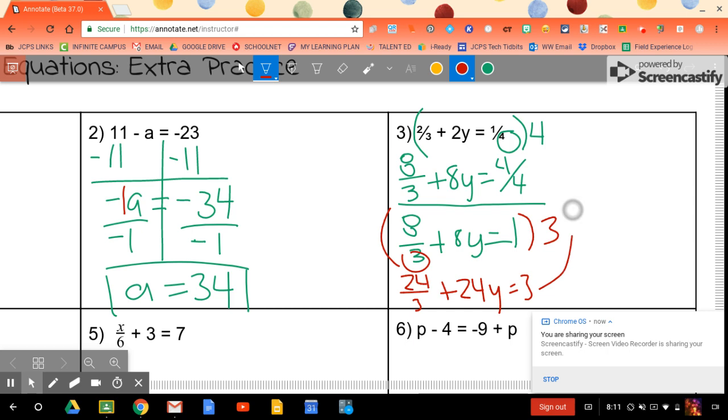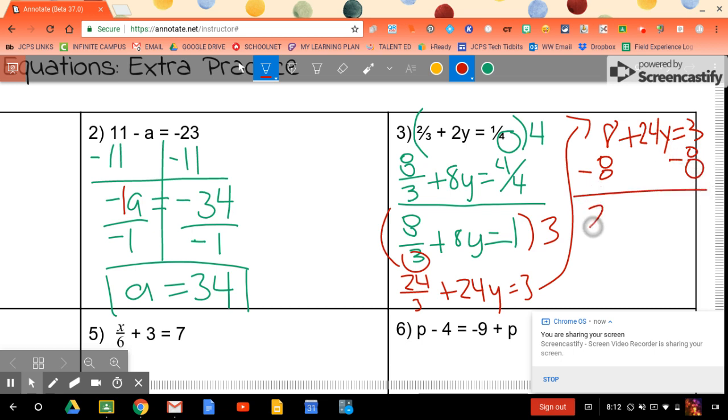So I'm going to move this up here now. After we do that, 24 divided by 3 is 8, because we can simplify that. So we're going to get 8 plus 24y equals 3. Our next step is to subtract our 8. So we're going to get 24y equals negative 5. Then our last step is to divide by 24.